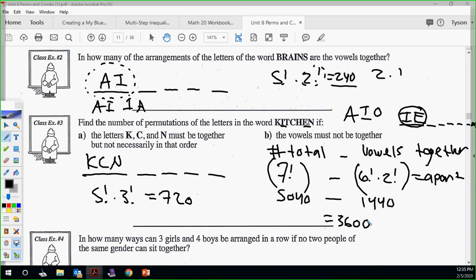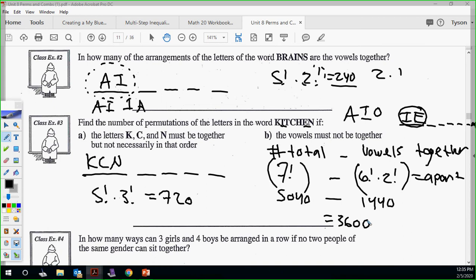So 3,600 arrangements in which the vowels would be apart. That's what that means. 3,600 arrangements in which the vowels would be not together. So for example, kitchen is an example. The vowels are apart there.